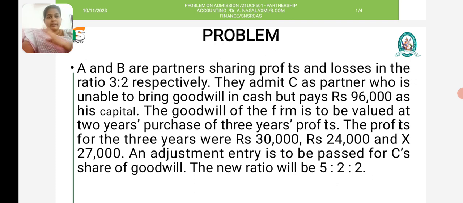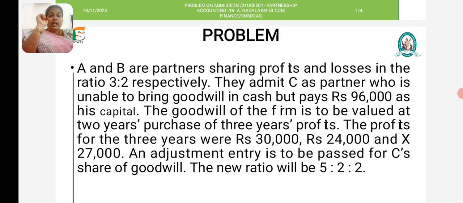But in this case, he was not able to bring the goodwill in cash, but he is paying 96,000 rupees as his capital. Here, in the case, they are giving the information related to goodwill. The goodwill of the firm is valued at 2 years purchase of 3 years profit. They have given 3 years profit, namely 30,000, 24,000 and 27,000.